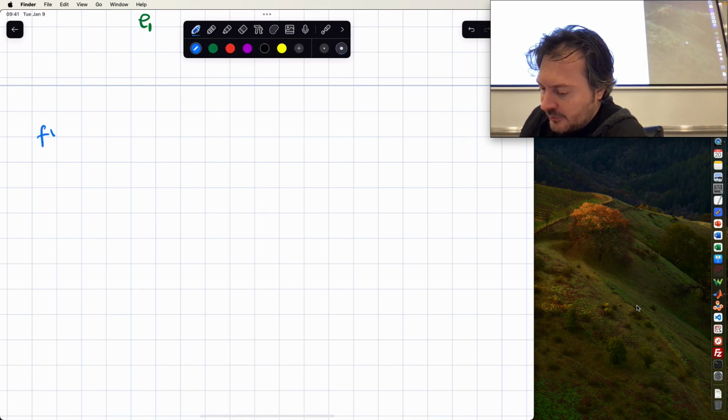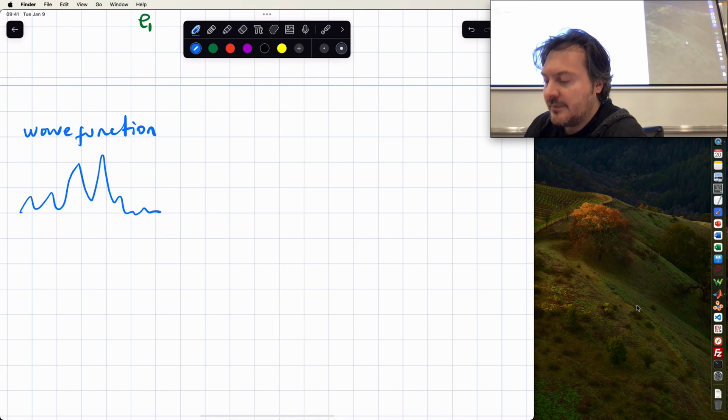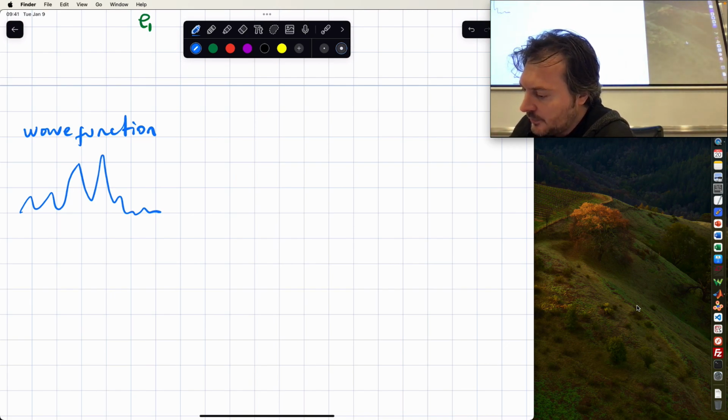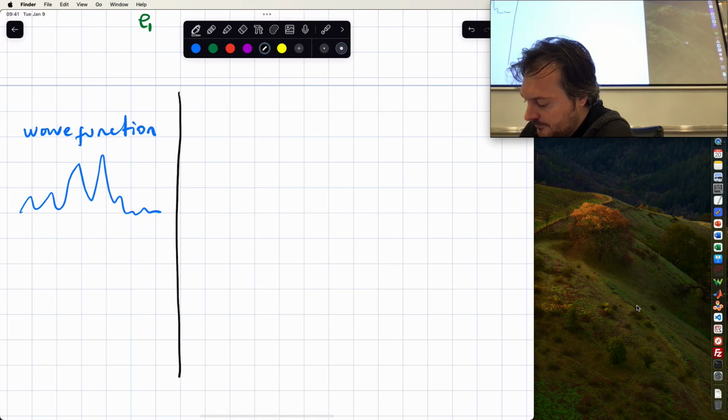So, this is the function, the wave function. Okay? And it has some shape. Now, let's put this wave function over here.